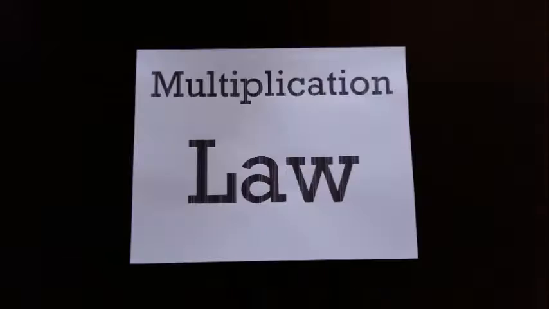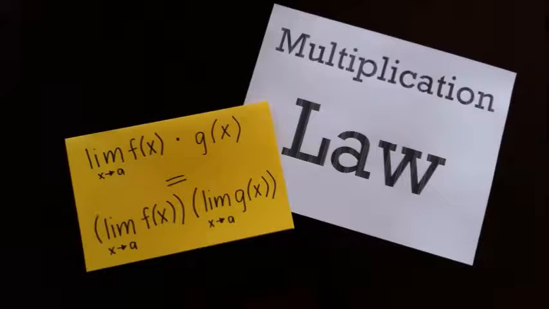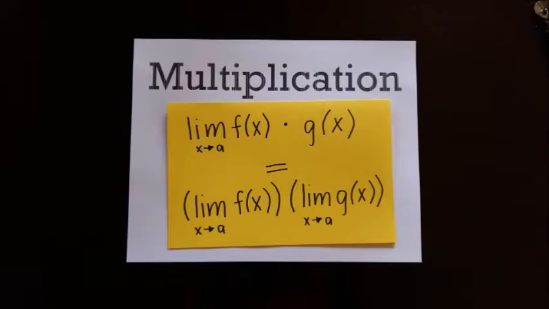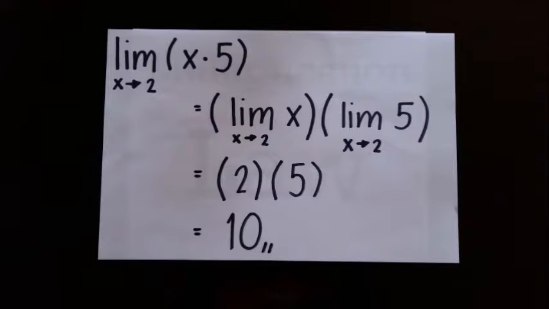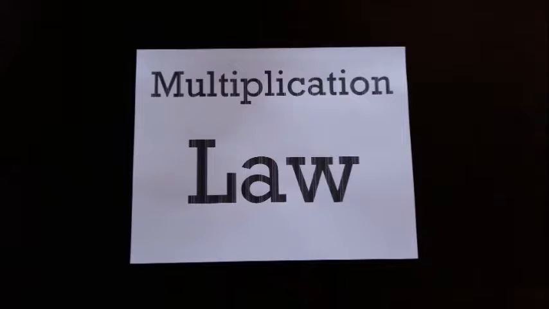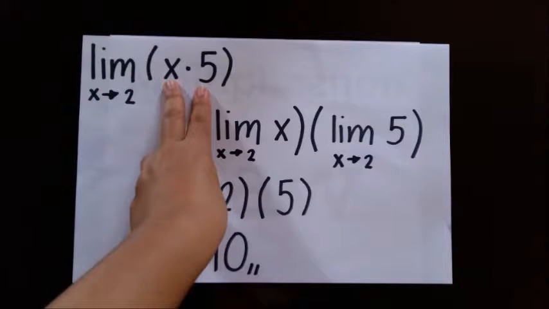Multiplication law. If the function involves the product of two or more factors, you can just take the limit of each factor, then multiply the results together. For example, the limit of x multiplied by 5 as x approaches 2. First, we're going to apply the multiplication law, wherein we have to get the limits of the terms separately.